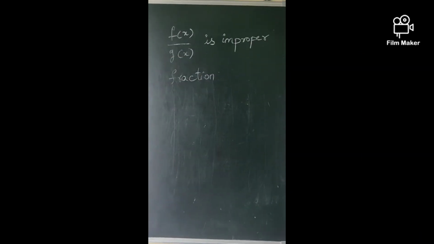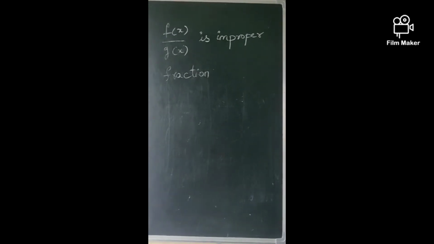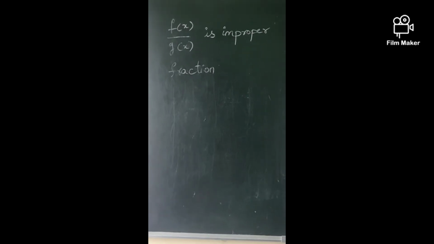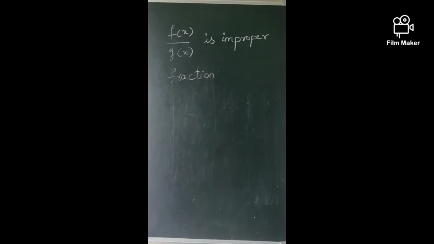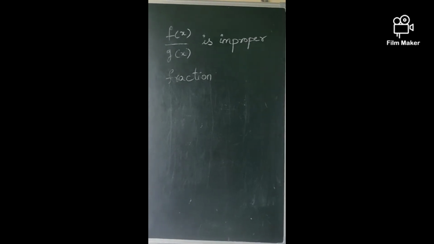Friends, welcome back. Till now we solved some problems of partial fractions, right? Now we solve partial fractions of improper fractions. If they are improper, then how can we solve?